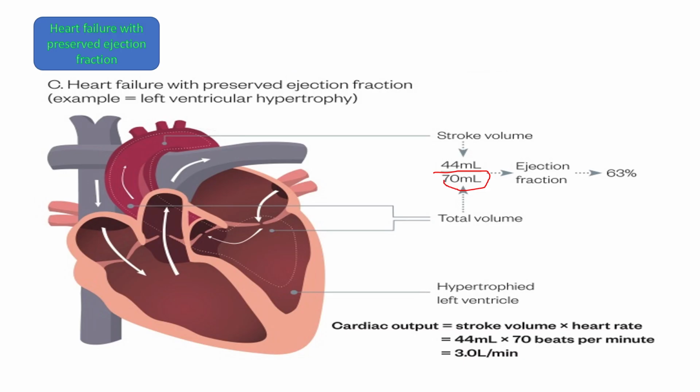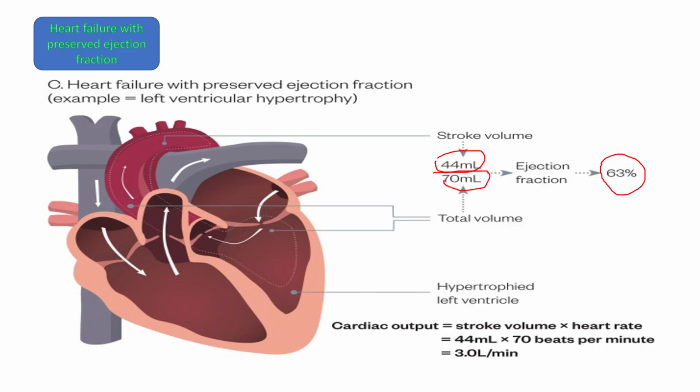Because the filling is reduced, the stroke volume is also reduced, but the ejection fraction is preserved. In this example, 44 cc's of stroke volume from a total volume of 70 cc's or milliliters in diastole gives you an ejection fraction of 63%.